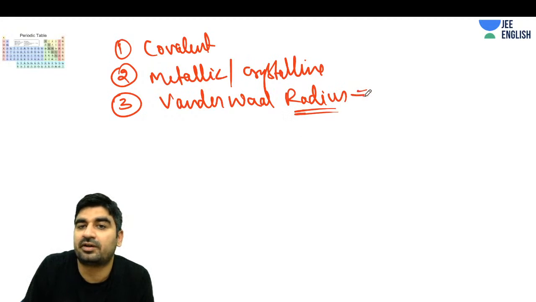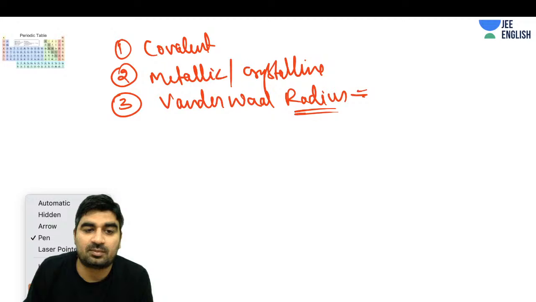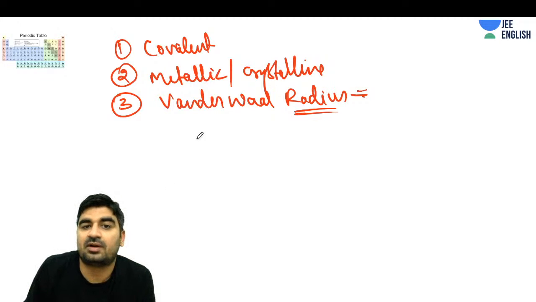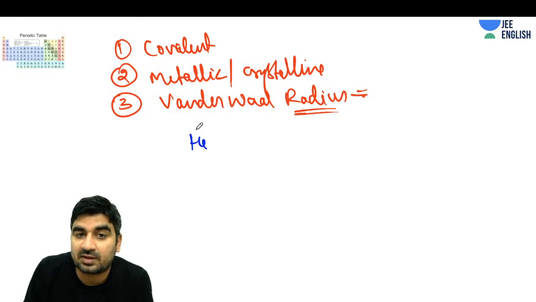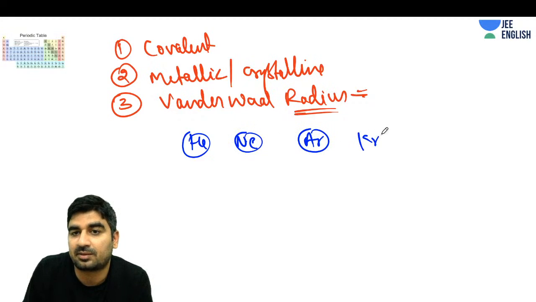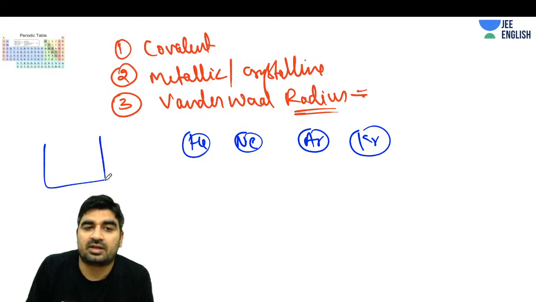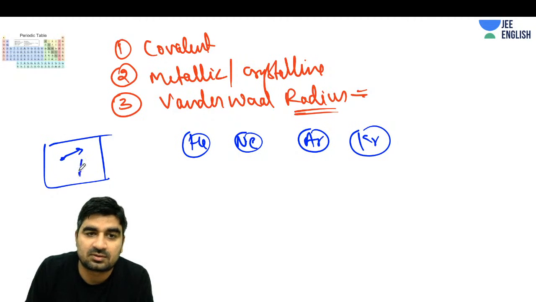So what is van der Waals radius? Suppose we have helium, neon, argon, krypton, and these are all gases. Their atoms will keep on moving in all directions randomly.